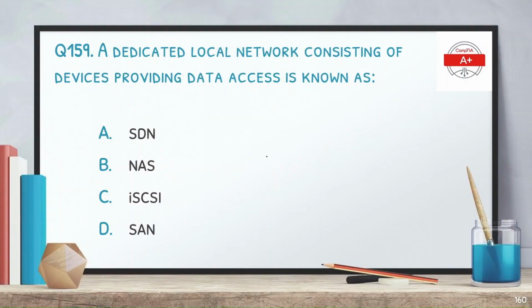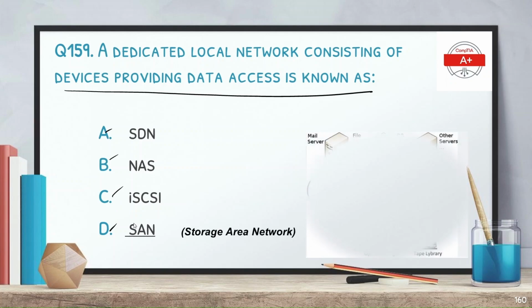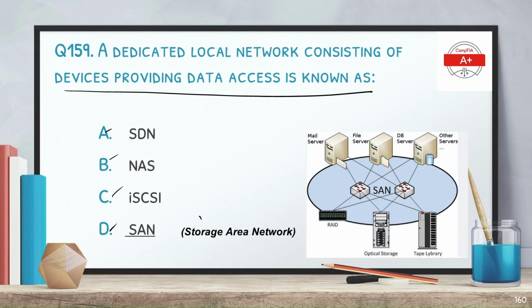Question number 159 is that a dedicated local network consisting of devices providing data access is known as. And options are A. SDN, B. NAS, C. iSCSI, and D. SAN. And the correct option is SAN or Storage Area Network. So this is an example of SAN.